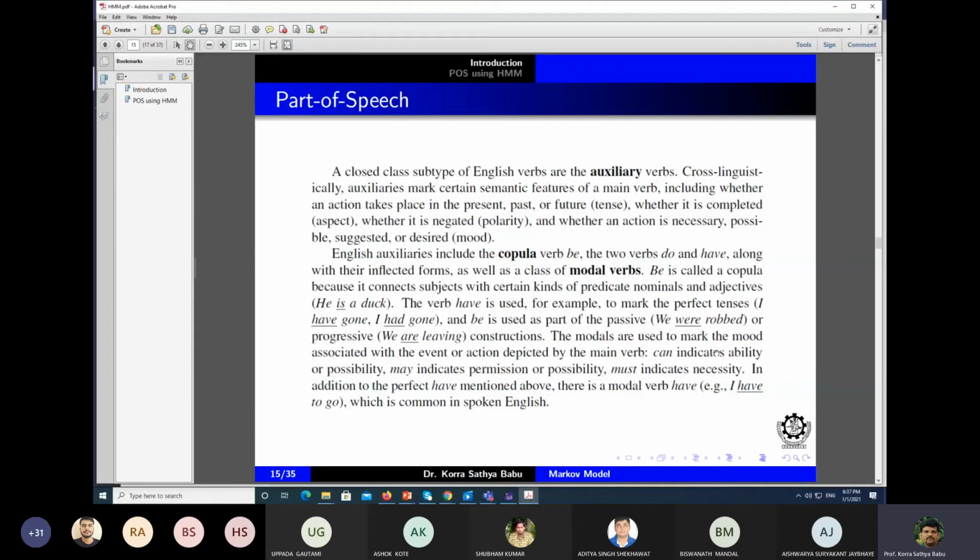We will see how knowing the exact part of speech also suggests what will be the next part of speech. Okay, what is the tag that can be given for the next part of speech?